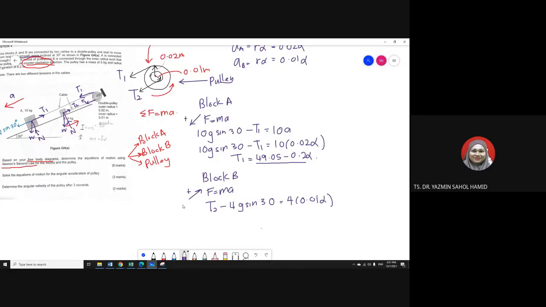For the pulley, we are going to assume anti-clockwise equals to moment effective.